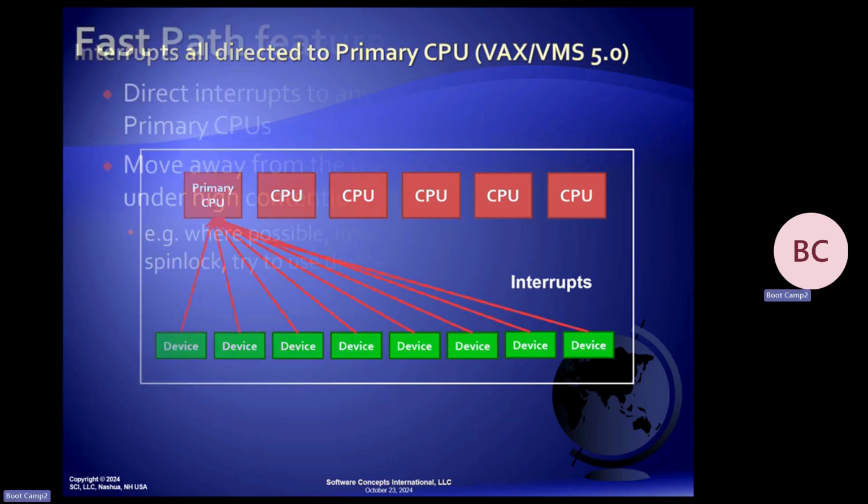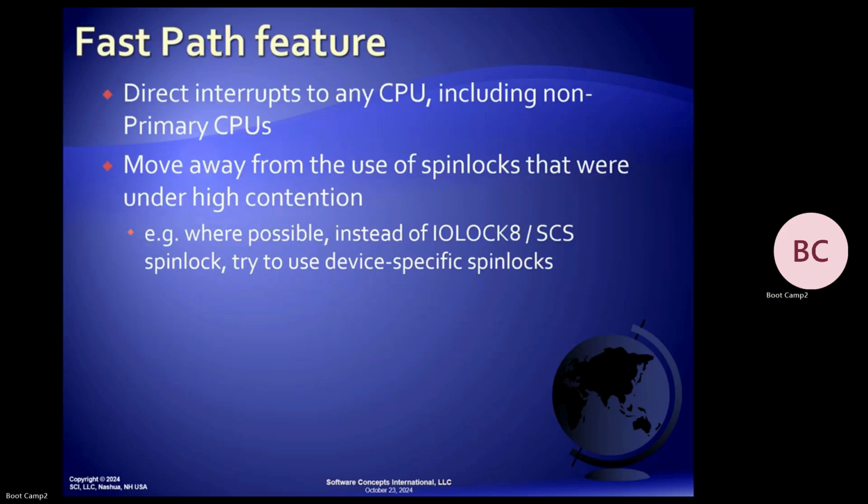Now, there were two things featured at the time FastPath was implemented. One was that we could direct interrupts to any CPU, not just the primary CPU, so that was good. But they also moved away from the use of spin locks that could also be bottlenecks for the entire system.